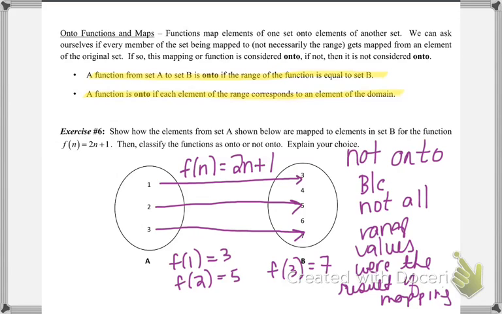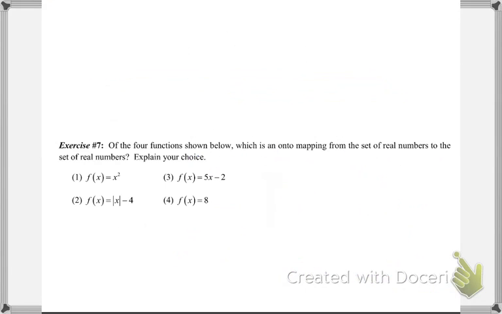We have values of 6 and 4 that were not the result of the mapping, so it's not an onto function.